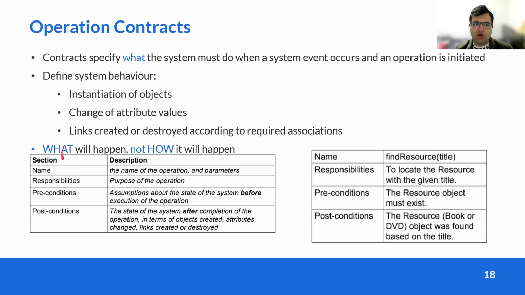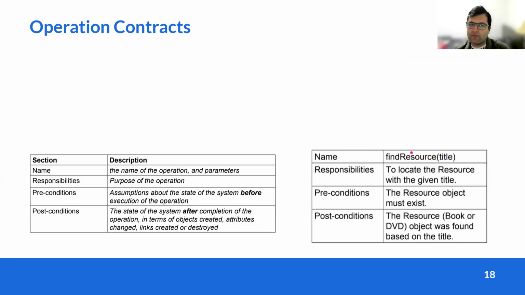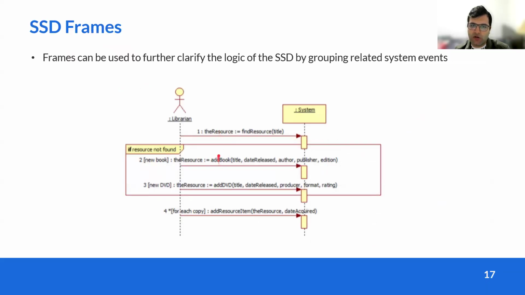For example, this is the template for operation contracts. If we're finding a resource, these are the different functions that we described just now in the system diagram. So here we have four operations: find resource, add book, add DVD, and add resource items.